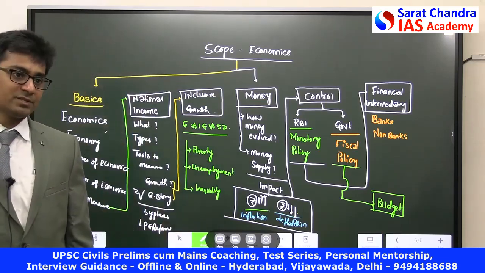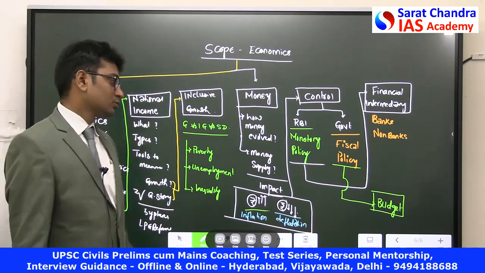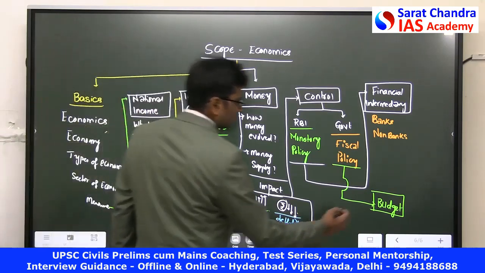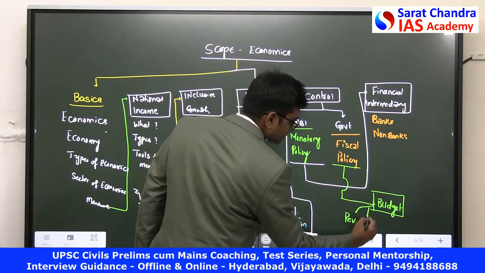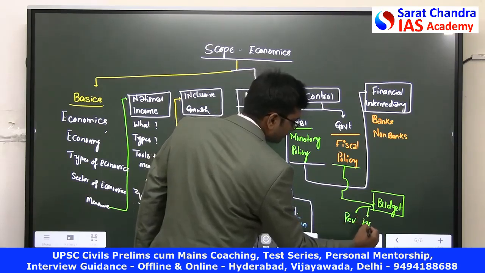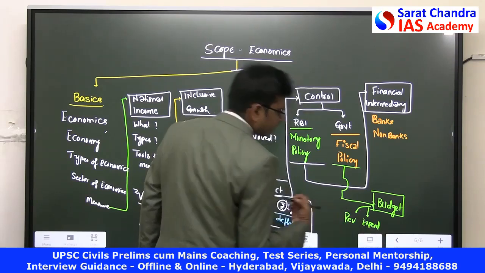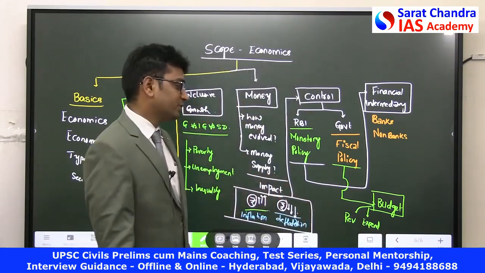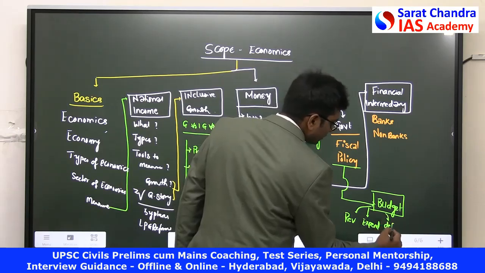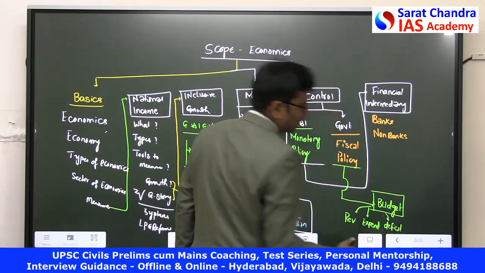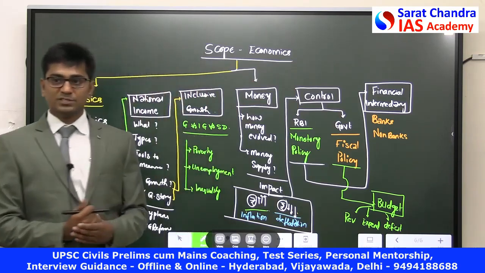Right? What are deficits, all these things. So the budget covers the revenues for the government, the expenses: income and expenditure is called budget. Revenues are income, expenditure, deficits, and how to overcome them. These things will be covered.